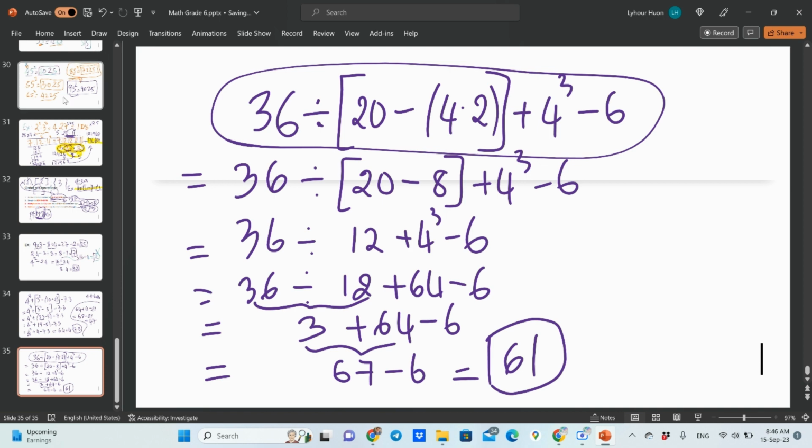I always wrote minus 6, but at the last minute I put plus 6. It's 3 plus 64, subtracted by 6, and then I did 67 plus 6. That is the biggest mistake.